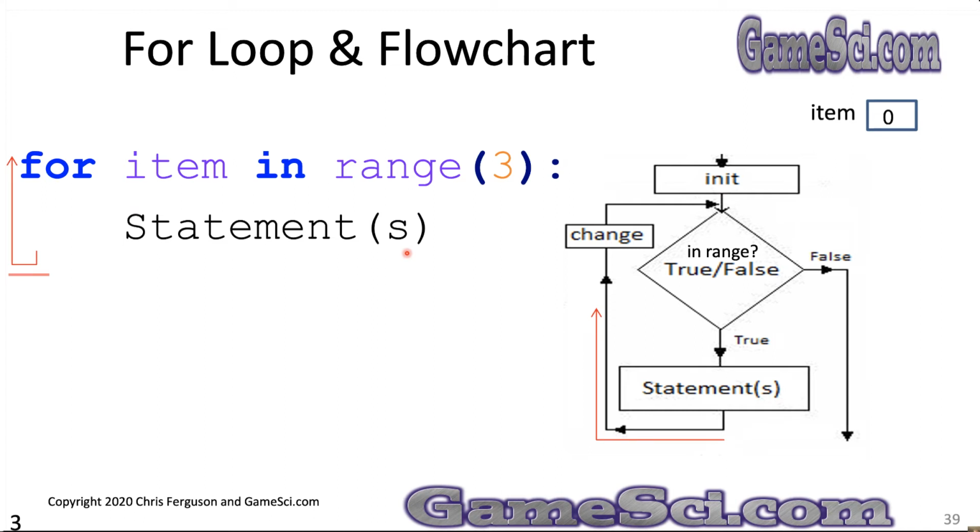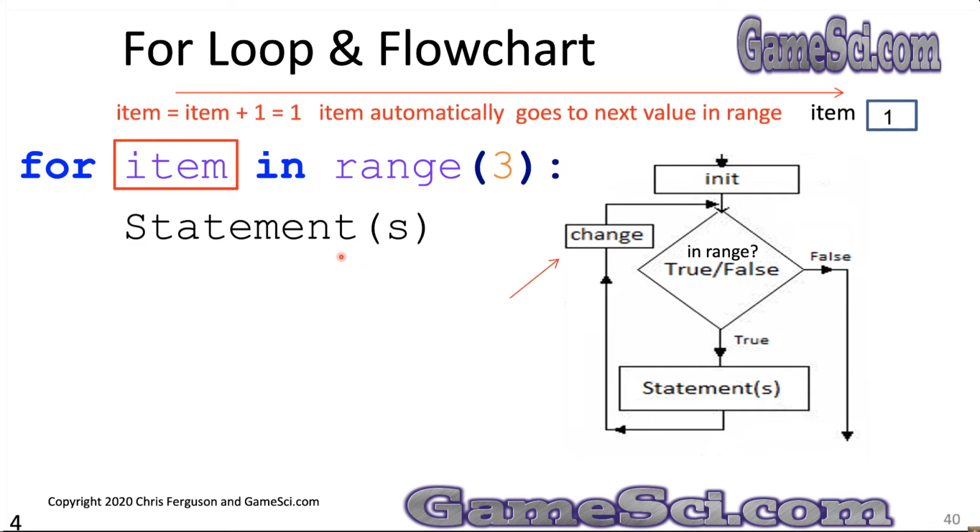This is a loop, however, and when you reach the end of the loop, what do we do? We hit our invisible trampoline and we bounce back up. Once the indented code is done executing, we bounce back up and execute the code again. Again, there's some stuff going on automatically that Python does for you. It makes it simpler to write the code, but a little harder to understand what's going on. I put a little change in my flowchart here.